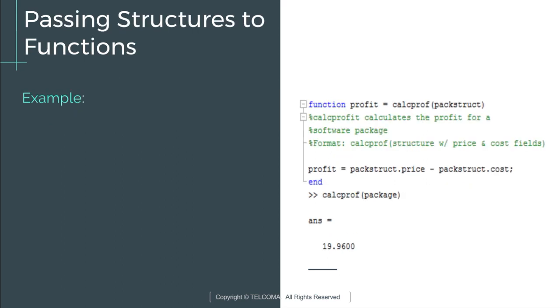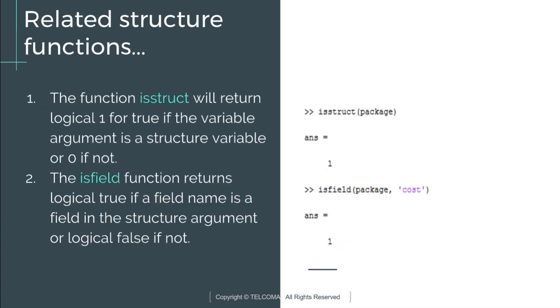Next is passing structures to functions. Now, when you write any function, you can just write the output argument and in parentheses write the structure name. This will pass the structure to the function. Next is related structure functions.